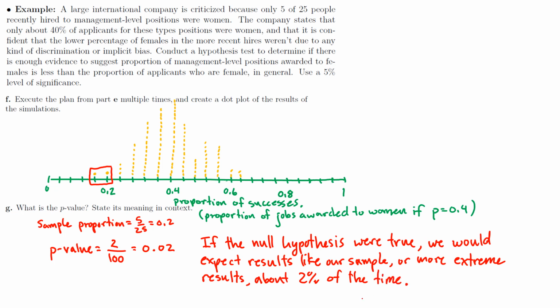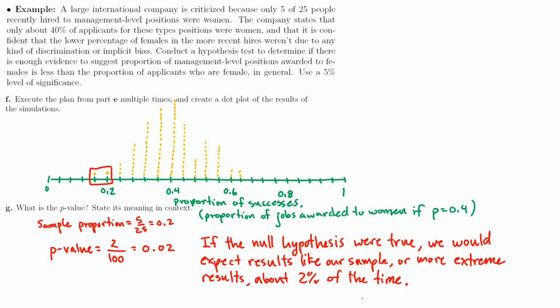Okay. So another way of putting this is if the null hypothesis were a true statement, then what I witnessed is something that happens 2 out of every 100 times. Okay?